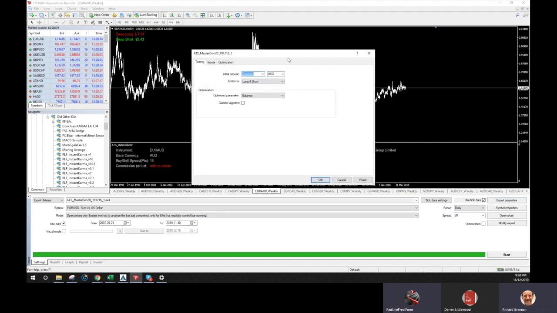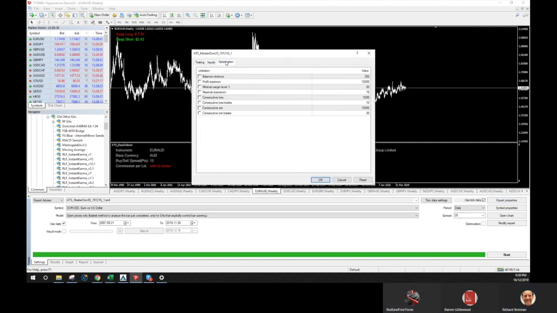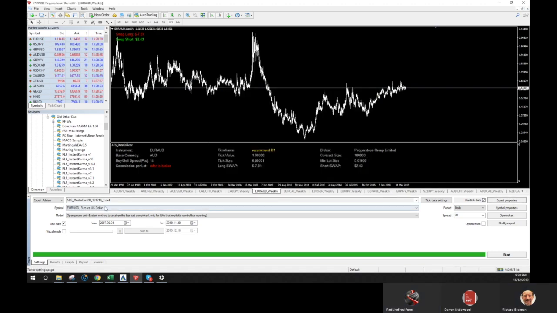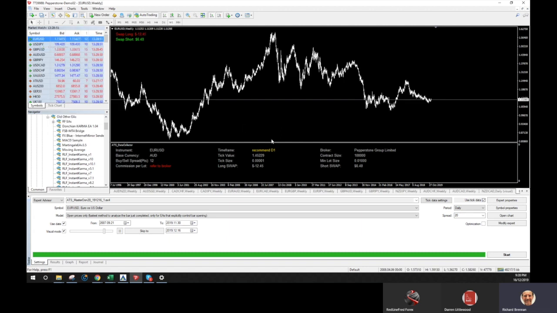The chart you're looking at is the Euro Aussie on screen, where you just look at the spread. Okay, I'll go to Euro USD. The spread is sitting at 12, so I'm coming in at 20 here. So we conservatively projected.